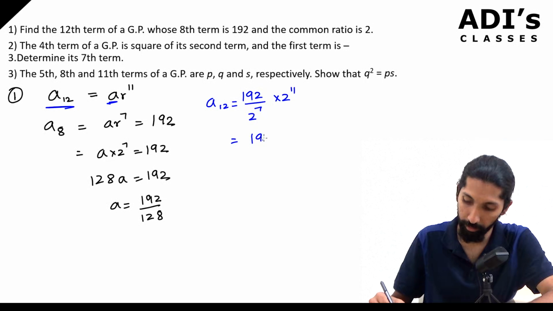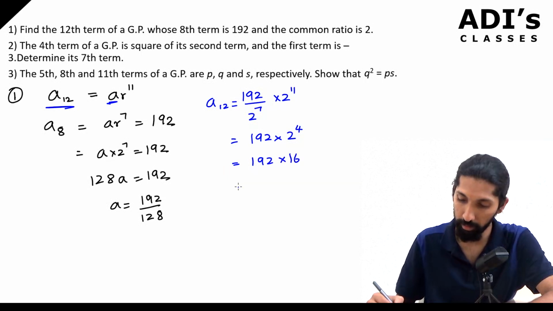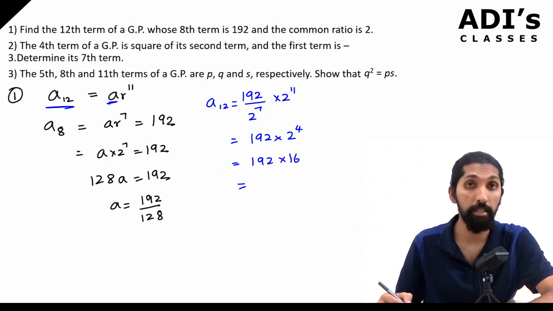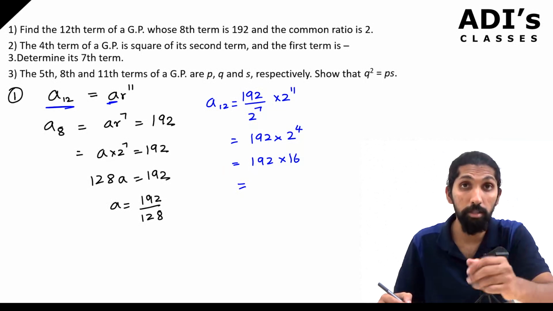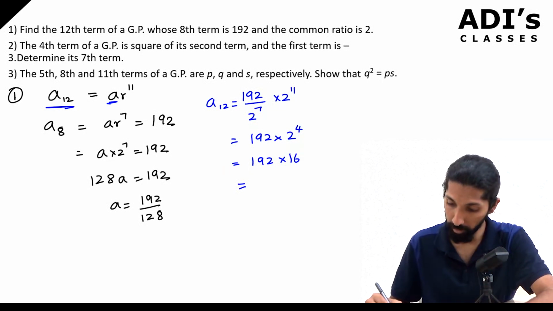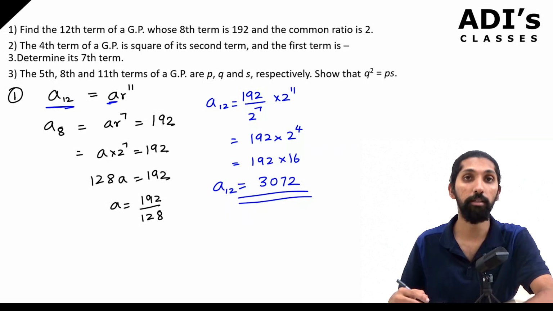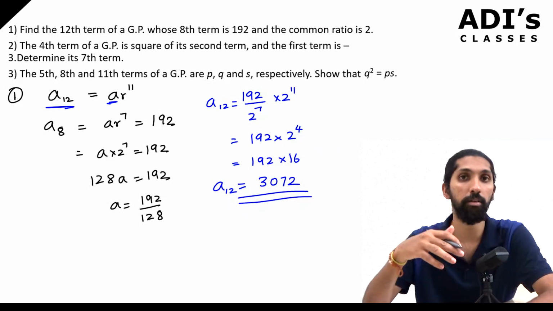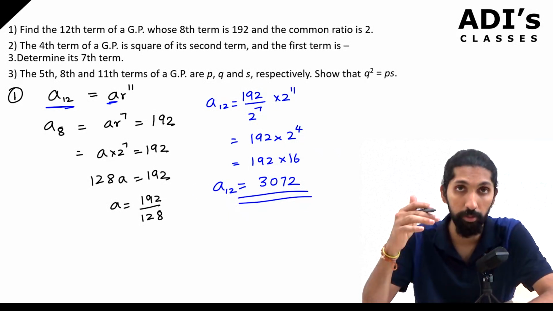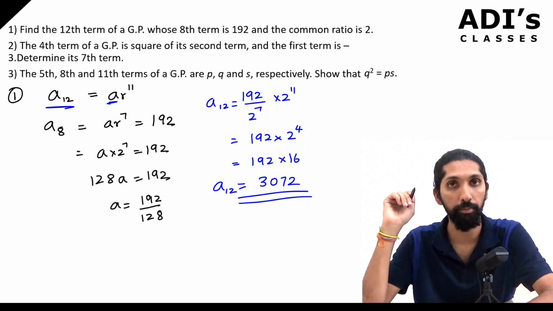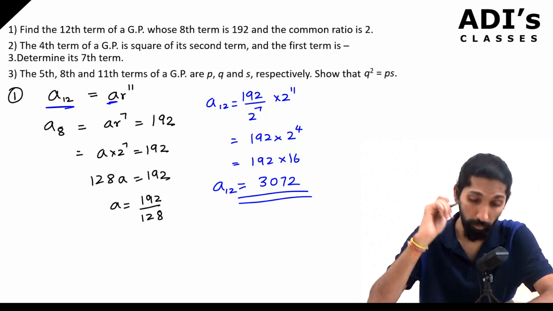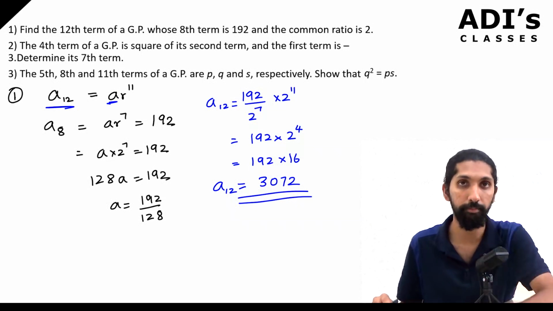So 192 into 2 power 4, which is 192 into 16. Correct? So the answer is going to be 3072. So the 12th term of the GP is 3072. Fair enough? This is the answer for the first one.